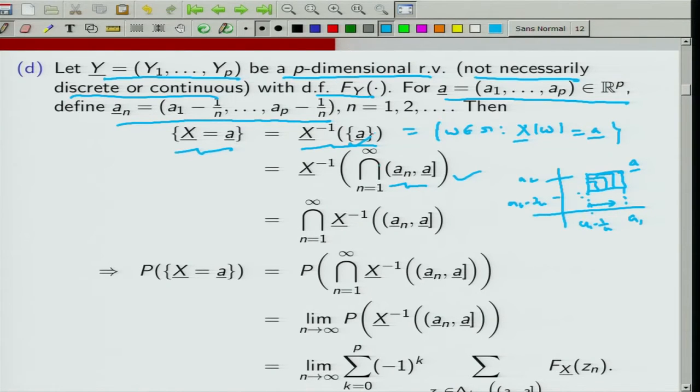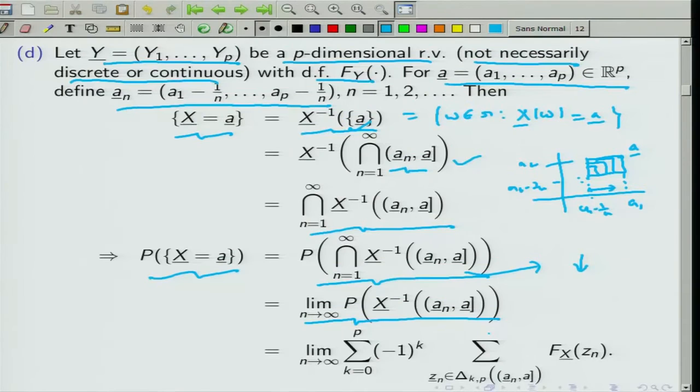Now, we know that X inverse of an intersection is the same as the intersection of X inverses. So, this is the same as the intersection over n equal to 1 to infinity of X inverse of (a_n, a]. So, probability X equal to a is the same as the probability of the intersection over n of X inverse of (a_n, a]. But this is a monotone decreasing sequence of events. So, by continuity of probability measures, this is the same as the limit as n goes to infinity of the probability of X inverse of (a_n, a].